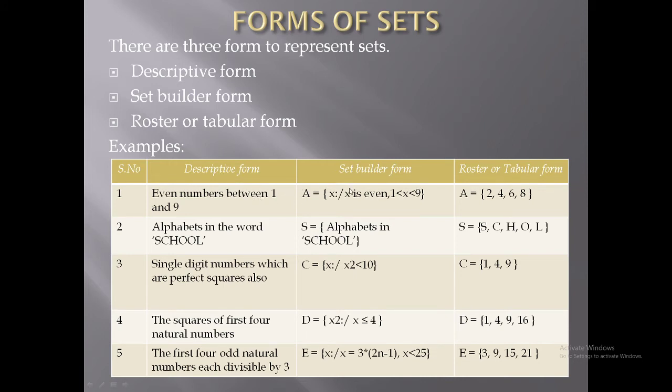The same set we can represent in set builder form, that is capital A. We are naming the set as A, and that is equal to the set of all x such that x is even, 1 is less than x and x is less than 9. In roster form or tabular form, the set will contain the distinct elements. That is, the elements between 1 and 9 are 2, 4, 6, 8.